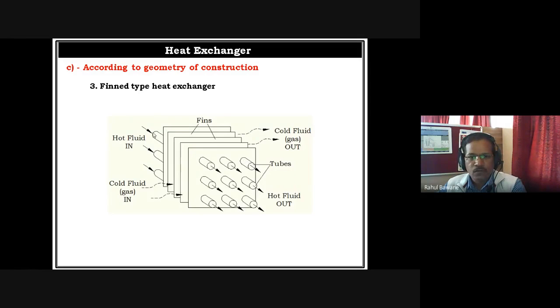Now whatever fluid is passing through this tube, the tube surface gets heated and that tube will heat these fins. Now when cold fluid passes over these fins, the total heat surface available is more, so it can provide that much cooling, or it may provide that much heat to be gained by the cold fluid. So fin type heat exchanger.